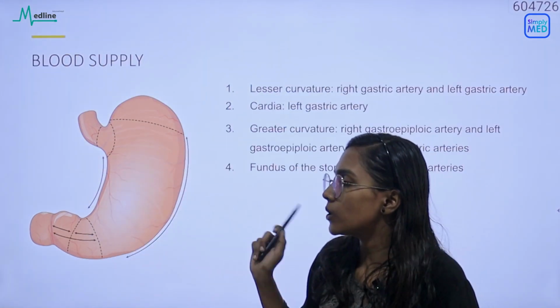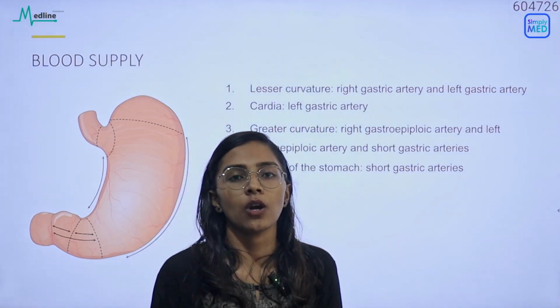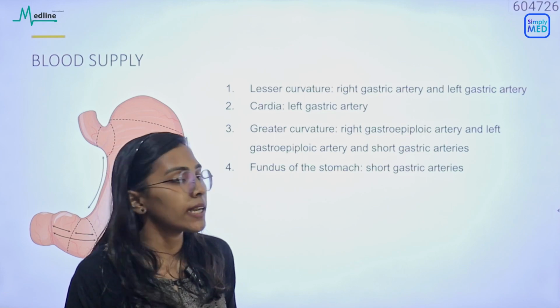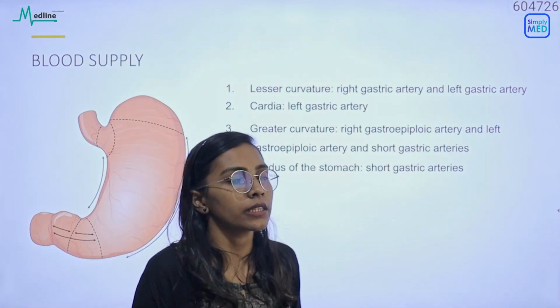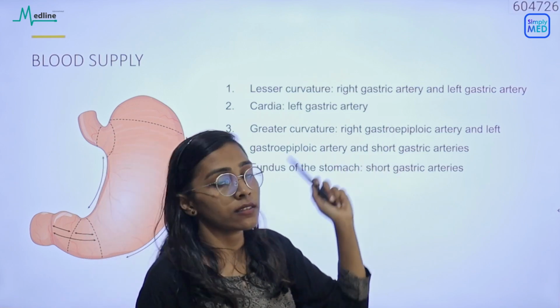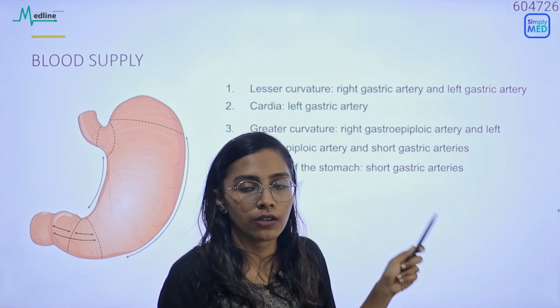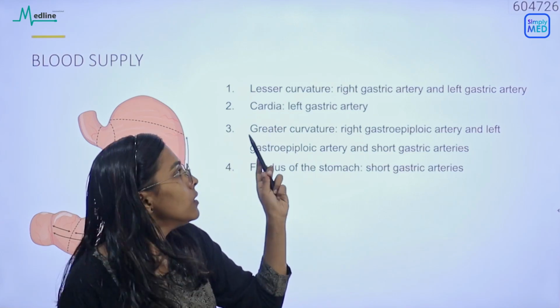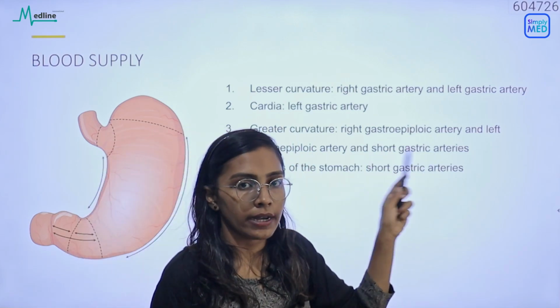Now let's look into the blood supply of the stomach. Where does the stomach get its blood supply from? What are the arteries that supply the stomach? Firstly, for the lesser curvature, the right gastric artery and left gastric artery provide blood supply. For the cardiac part, the left gastric artery provides blood supply.